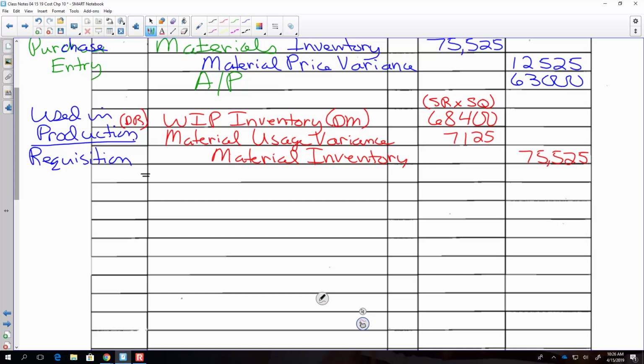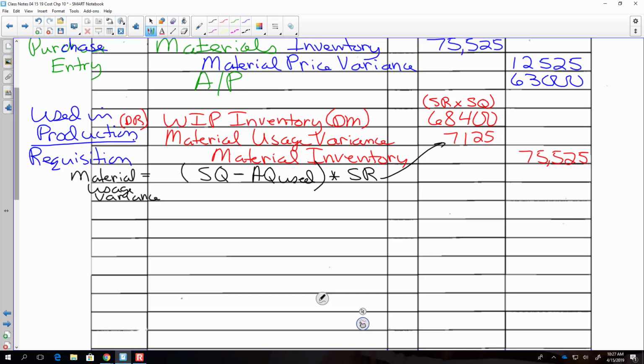So on the test, if you wanted to compute the material usage variance, you would take the SQ minus actual quantity used, in parentheses, times SR. If you were doing it algebraically, the standard quantity allowed minus the actual quantity used times SR, which is the standard rate.